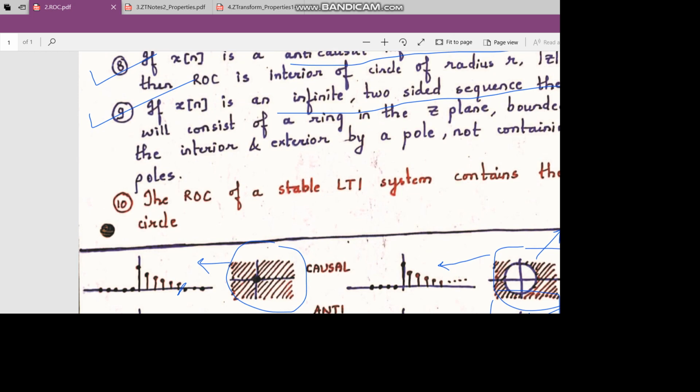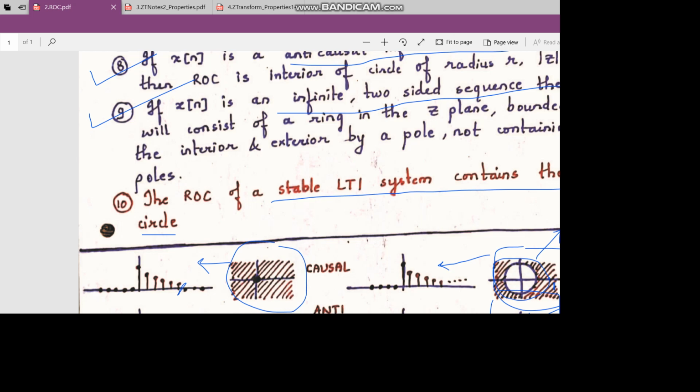And lastly, we have been drawing the unit circle in the ROC. What is the significance of that unit circle? The unit circle is a very significant thing. The ROC of a stable LTI system contains the unit circle. This is a very important thing. Suppose I have an ROC like this and my unit circle is a part of this ROC, where this point here is 1.